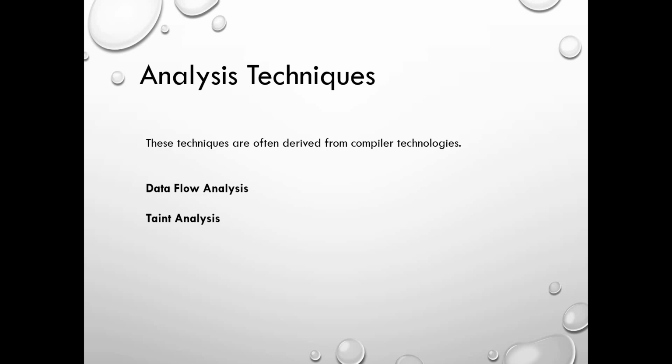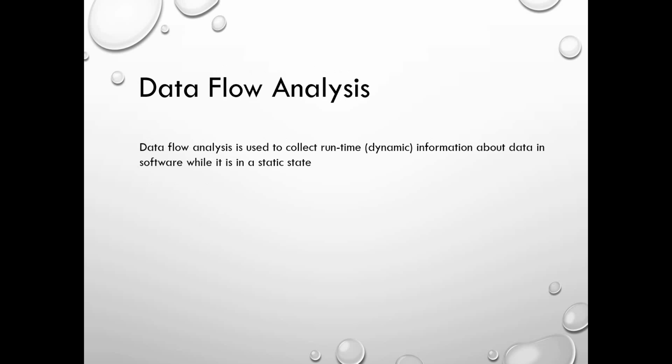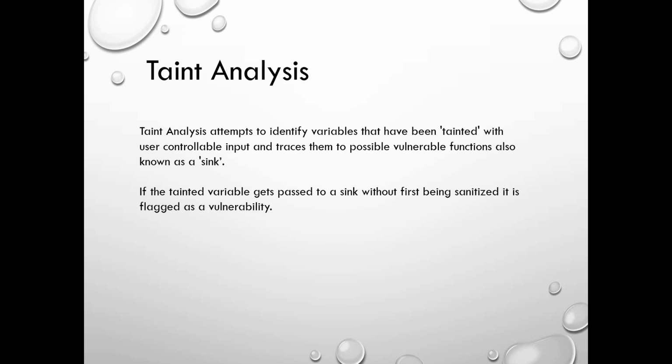Data flow analysis is used to collect runtime information about data in software while it is in a static state. We are not going to run the source code; we will analyze the code in a static state.